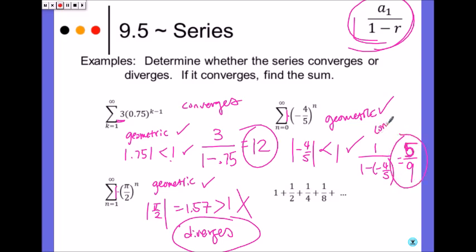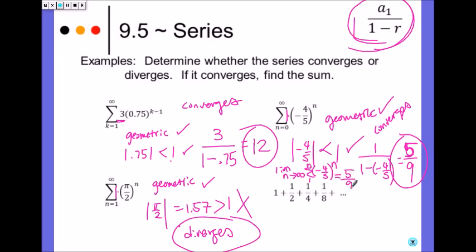It converges to 5 over 9. Or you can write the limit as n approaches positive infinity of the sum of negative 4 over 5 to the n, from 1 to n, equals 5 over 9. You have to use the sum notation. Okay.